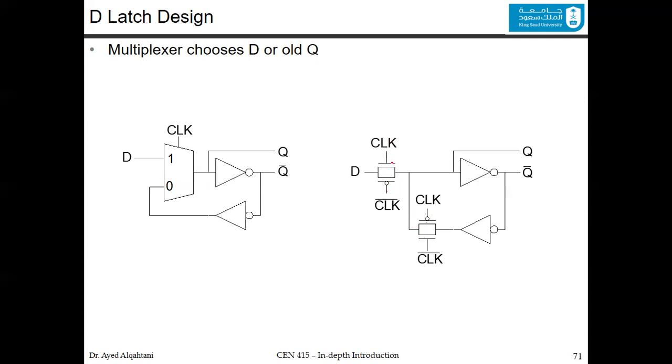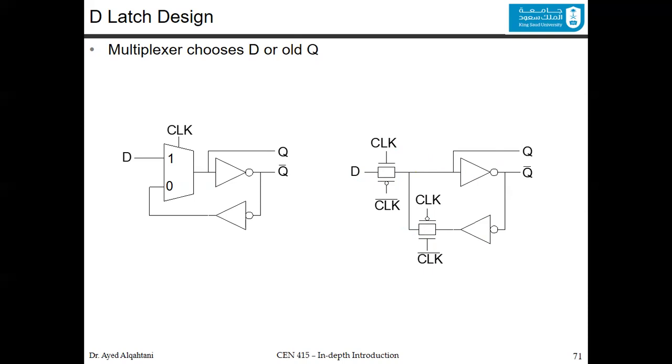Anyway, it's one way or the other. Either this transmission gate is on and the other is off, or the other way around. In this case, D will be transparent to the Q because the clock would be 1, or this would be off and this would be on. In this case, the clock would be 0, meaning that the D will be saved inside the latch.